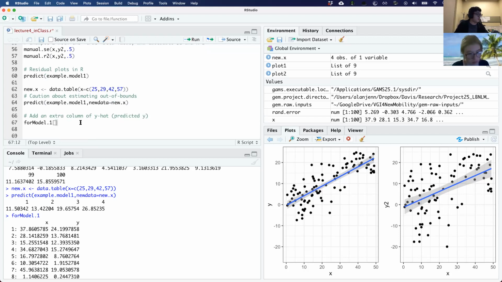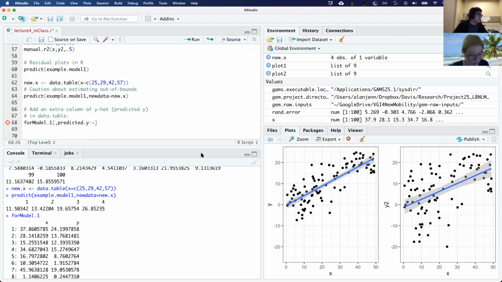So I'm going to do it using a method that's inherent to the data table package, and I'll show the equivalent of that in base R. So this is in data tables. The way that you create a new column can be done as follows.